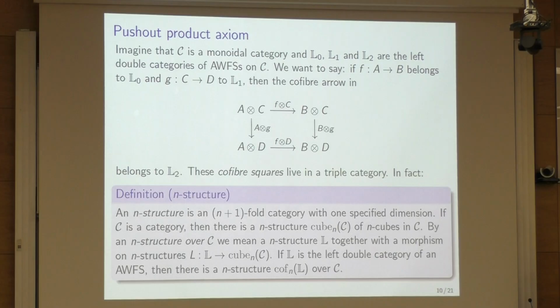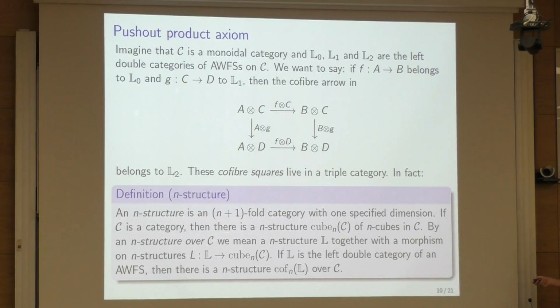So the case of double categories is the case where n equals 1. Okay? In the case of double categories, the specified dimension is the horizontal dimension. So I think of this (n+1)-fold category as having one horizontal dimension and n vertical dimensions.